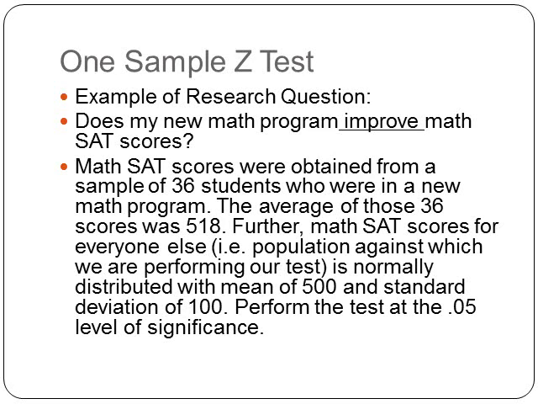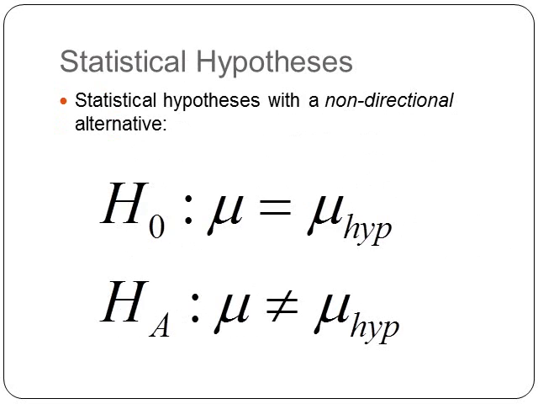If we knew that previous scores had a normal distribution with a mean of 500 and a standard deviation of 100, we want to know, is that 518 for those 36 students significantly different, or did they outperform the previous population value? And we might look at that in this case with a 0.05 level of significance, or alpha, instead of a critical value.